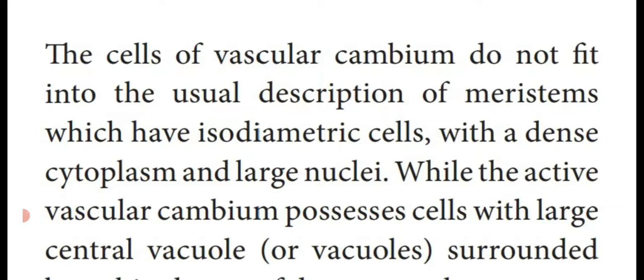That means these cells do not possess the characteristic feature of meristem. These vascular cambial cells are isodiametric cells, flattened on both sides. Inside the cell, they contain dense cytoplasm and large nuclei.